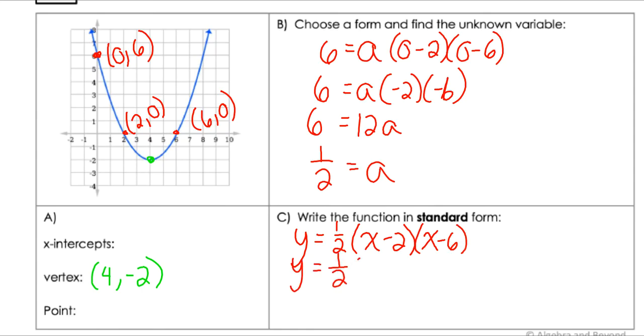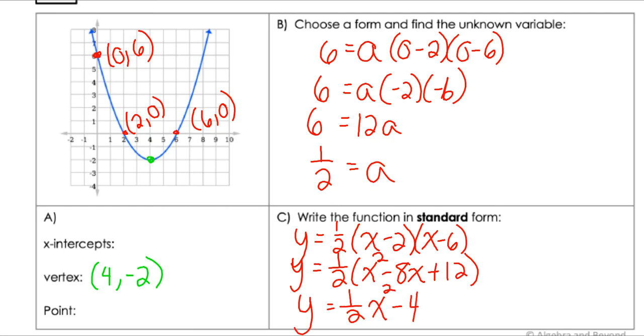So again, I'm going to multiply those binomials together, get x squared minus 8x plus 12, and then distribute. So my standard form is 1/2 x squared minus 4x plus 6.